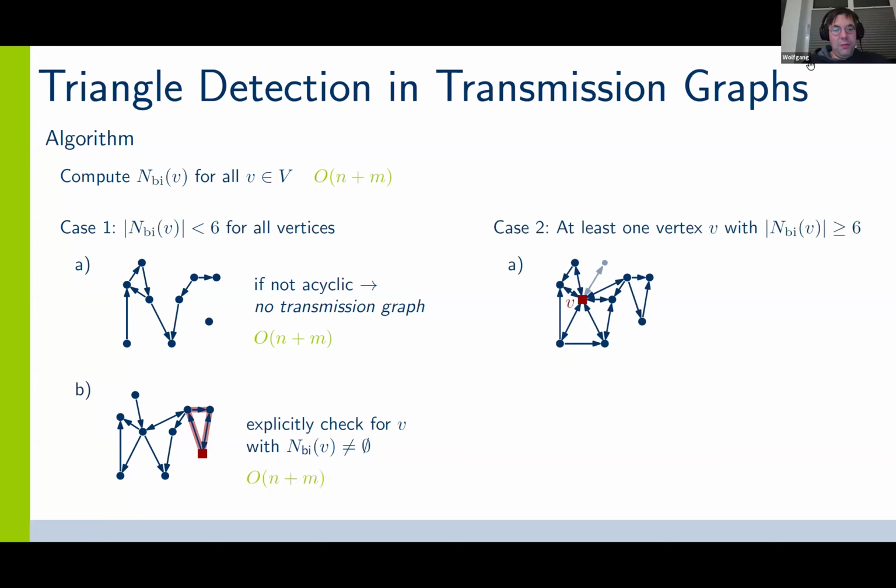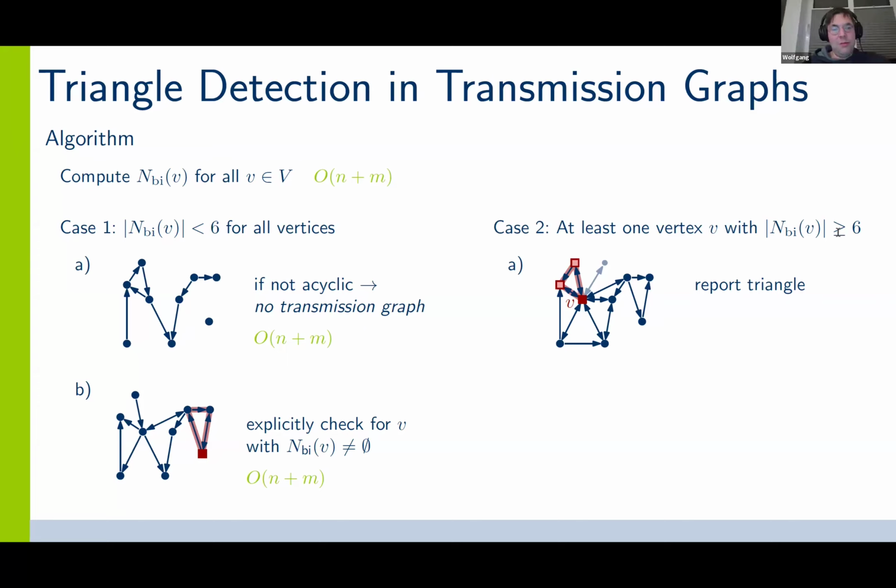Otherwise, the second property that we use is the one that I mentioned. So if we have a vertex with at least 6 bidirectional neighbors, then we can take any 6 of them, and we can check there explicitly for a directed triangle. So we just need to see whether there's some additional edge.